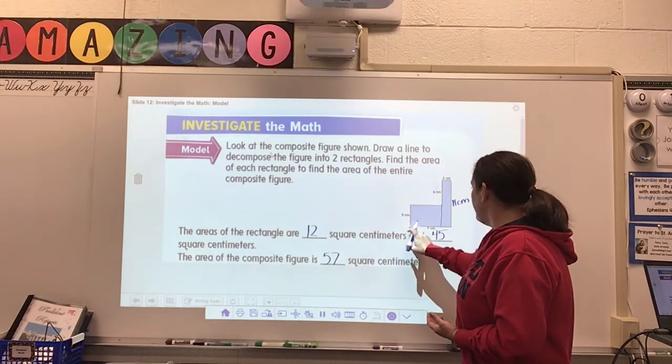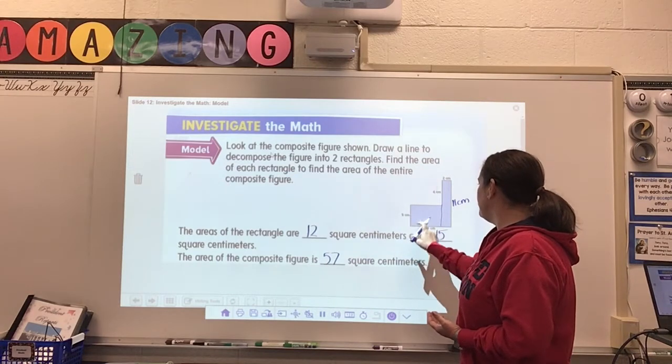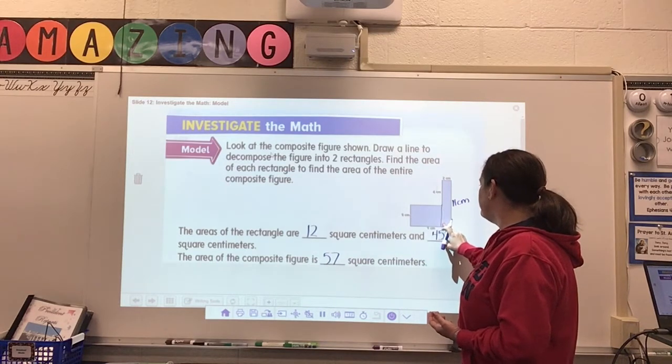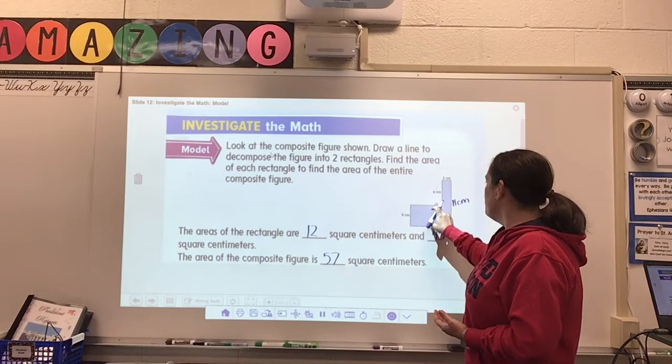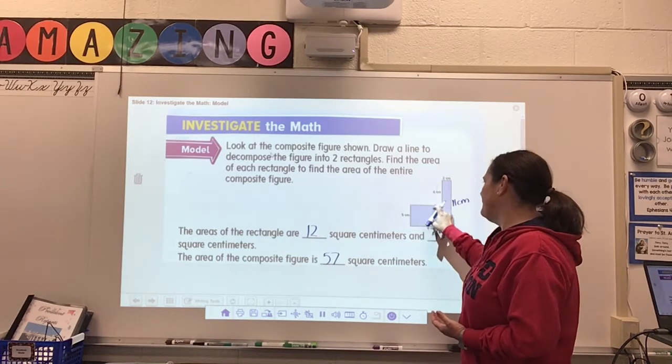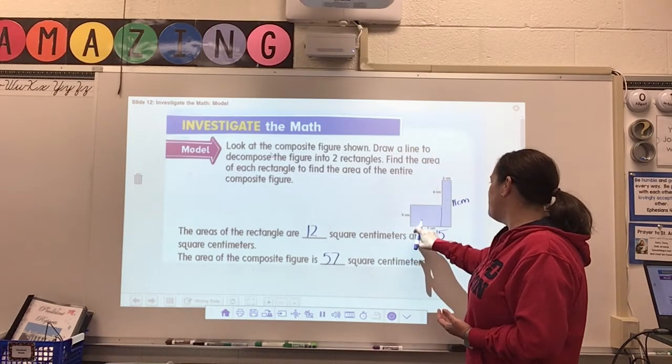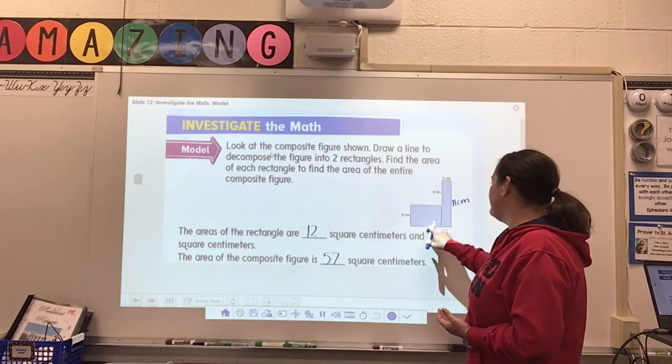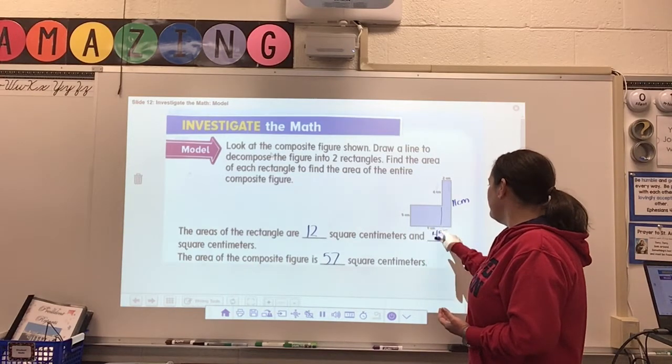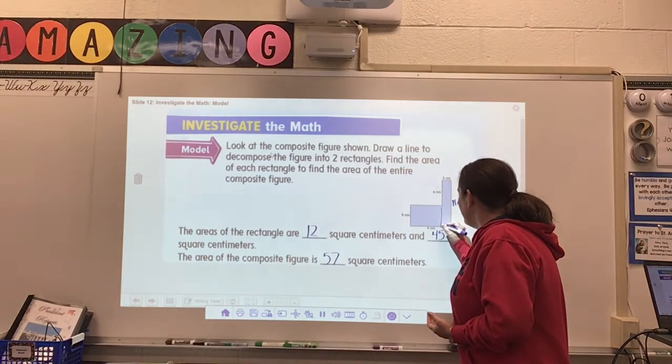I know that the length of this side is 5 centimeters, so then the length of this side is 5 centimeters, but I don't know what the length of this side is. I know across the bottom it's all 9, but really I only want this much of it.